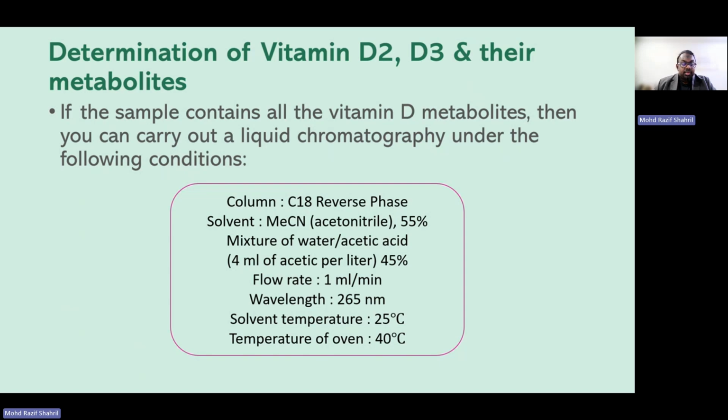We run the flow rate at 1 ml per minute, set our detection wavelength to 265 nanometers, keep the solvent at 25 degrees Celsius and the oven at 40 degrees Celsius. Keep in mind that for some foods, modern labs can determine all three of these fat-soluble vitamins, vitamin A, D, and E, simultaneously.